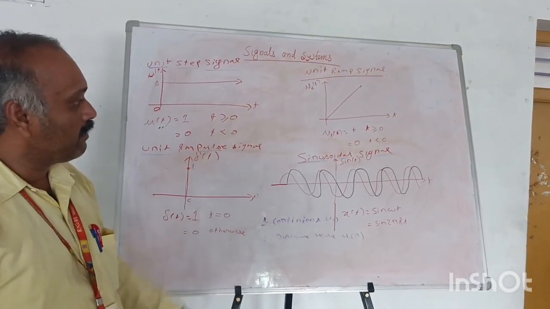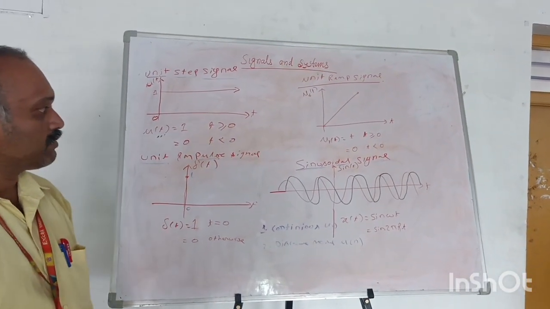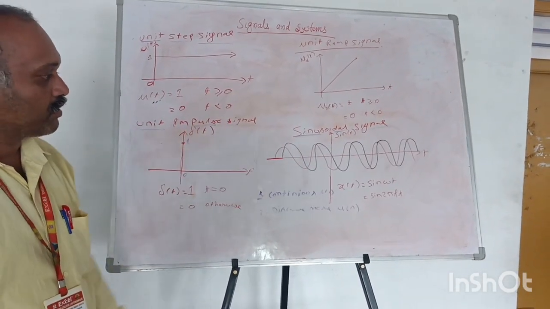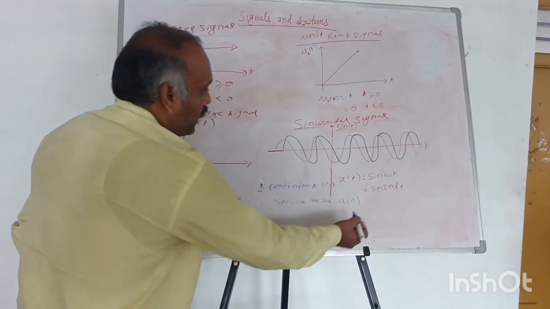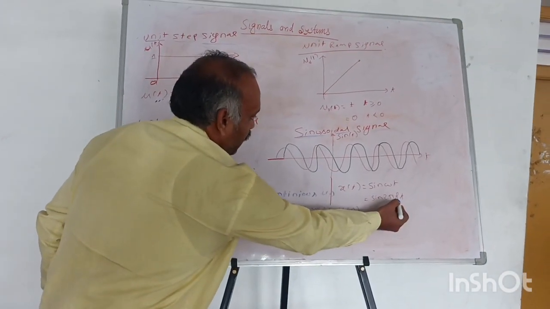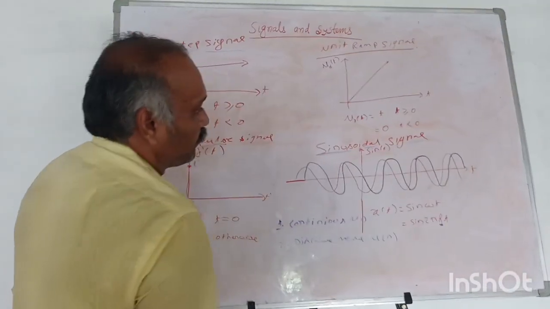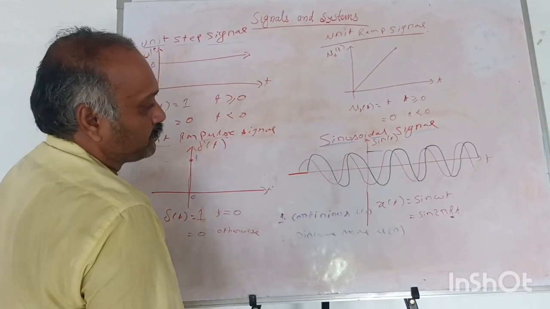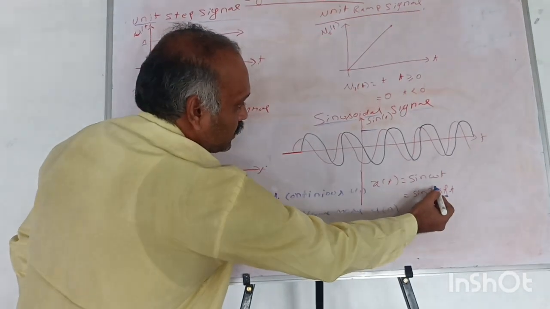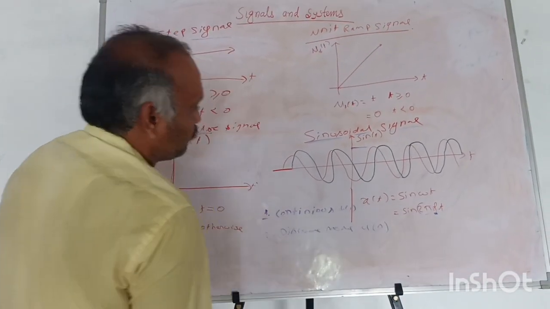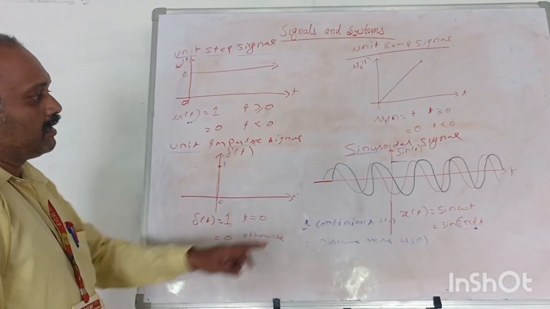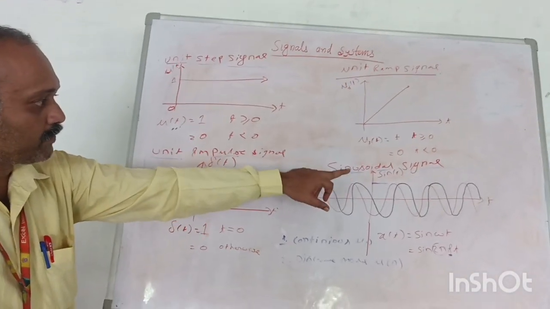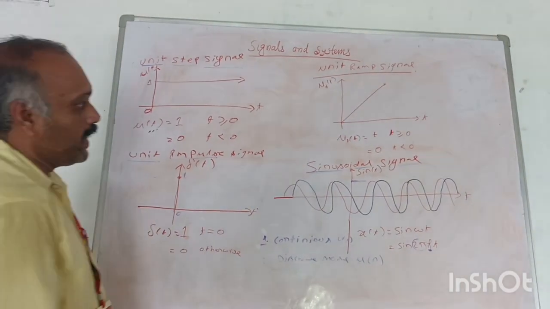And this is a very well known signal: the sinusoidal signal, mathematically represented as x of t equal to sin omega t, which is separated into fundamental components like frequency, amplitude, and phase. Here omega represents the angular frequency, and in the figure I drew sin of t along with cos of t.